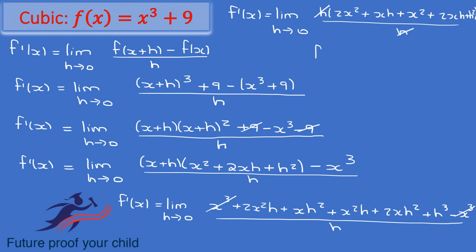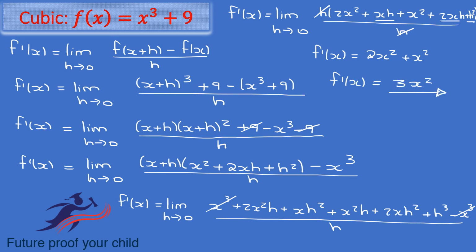And then we can replace the h with a 0. So we have a 2x squared. That term there will become a 0. We've got an x squared. That will become a 0, and that will become a 0. So my derivative will be 3x squared.